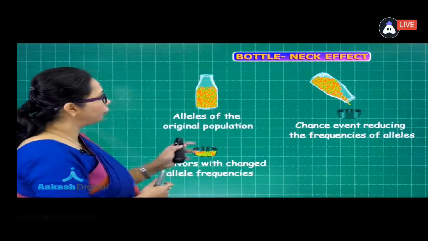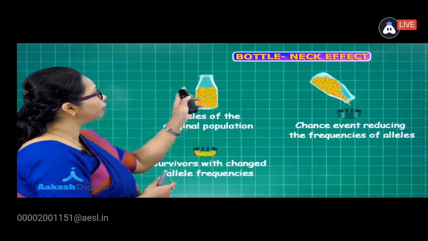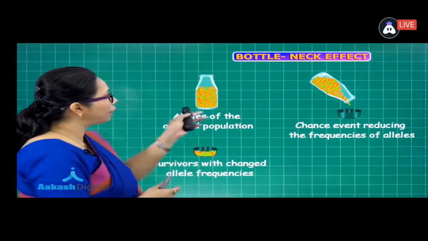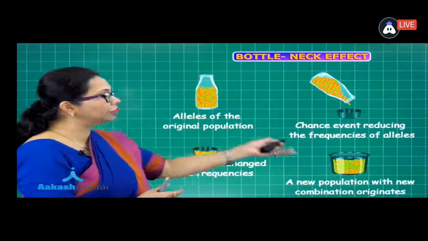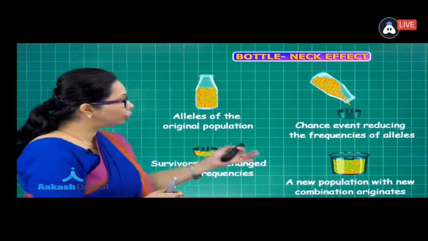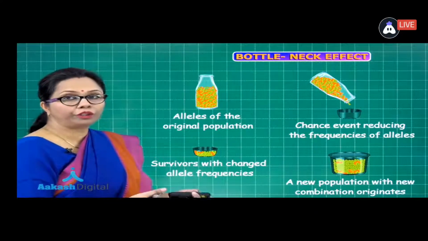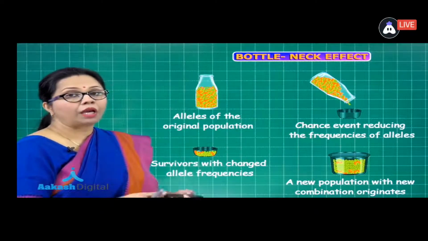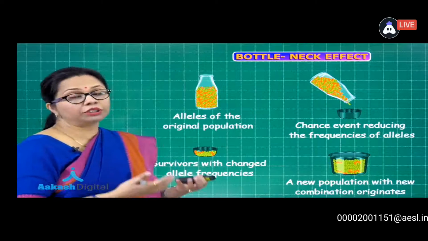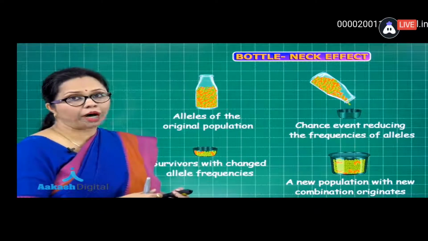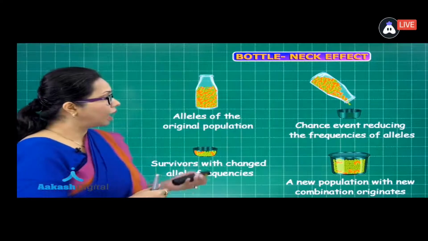And over a period of time, in the initial population we can see two different colors, just to represent two alleles, but now one of the alleles is more represented in comparison to the other one. So this new population has a new combination which may be making this population very weak. And in many of the animals it is seen that this condition cannot reverse the path of their extinction.